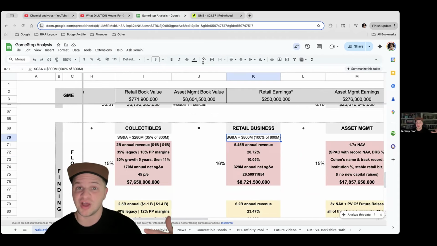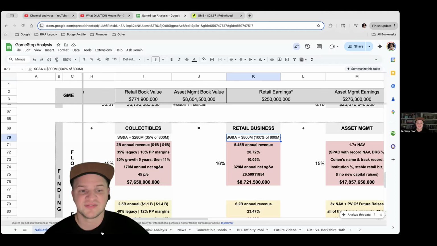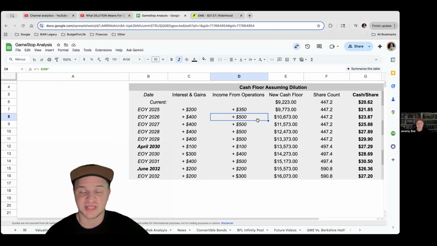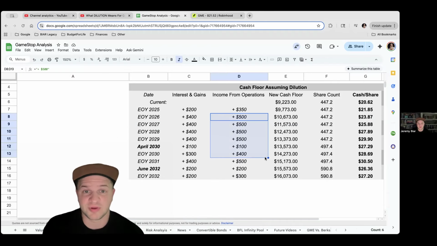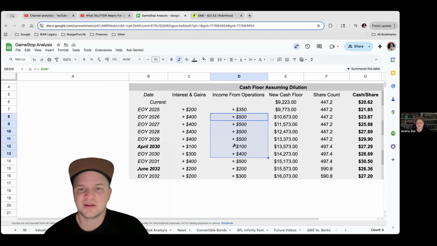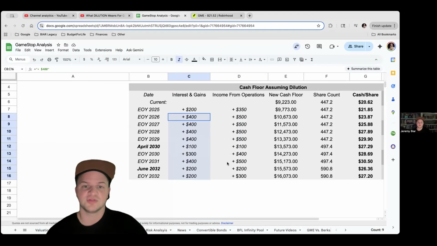Likely they would be able to grow top line faster than the cost of SG&A would increase. And so, more accurately, you would look at these numbers for each year actually going up as far as income from operations go. But I left it here to be simple because also you could argue that the interest is going to come down, right?